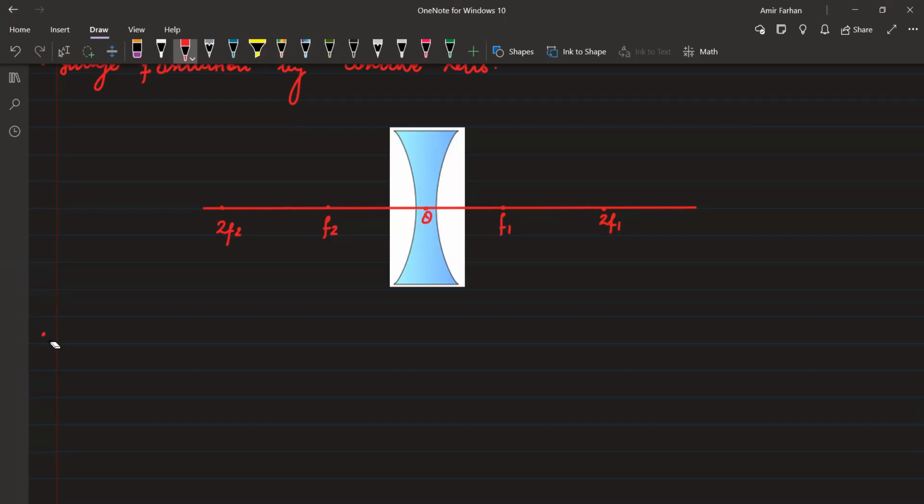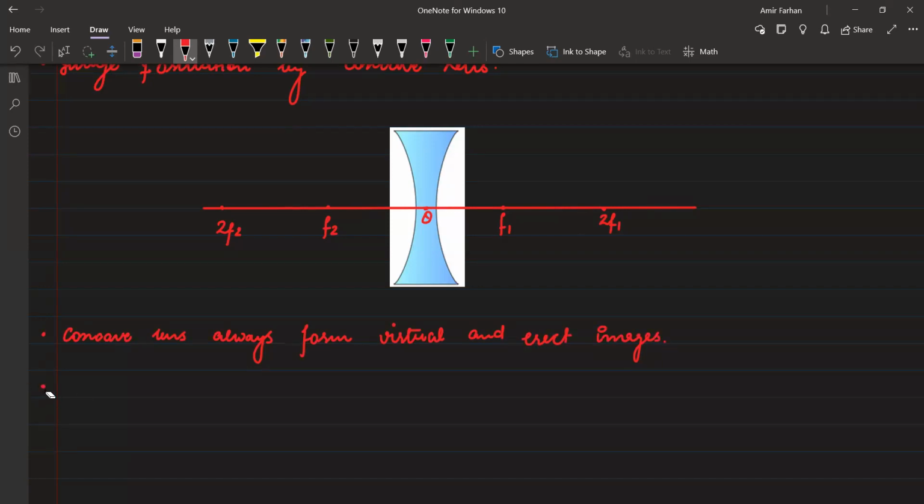The first property of the concave lens is that a concave lens always forms virtual and erect images.